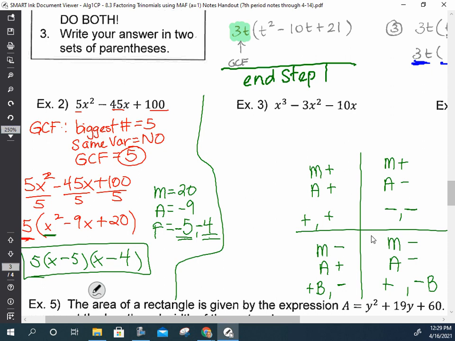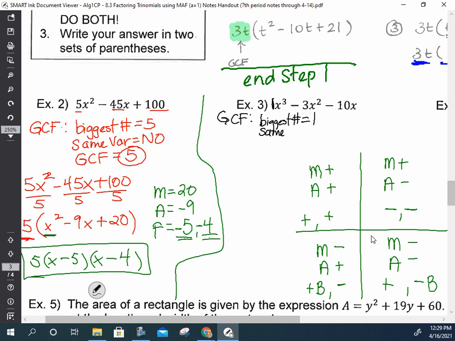All right, so let's do the last problem. X to the third minus 3x squared minus 10x. I'll have to erase that in a second, but I'll keep it up as long as I can. So, GCF, what's the biggest number? 1. So, biggest number is 1. Do they all have the same variable? Yes.